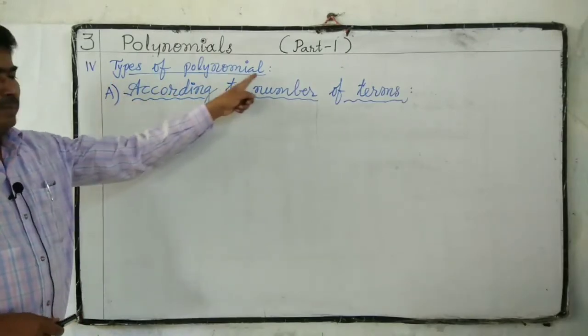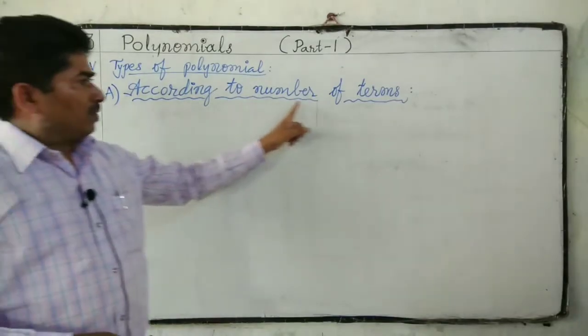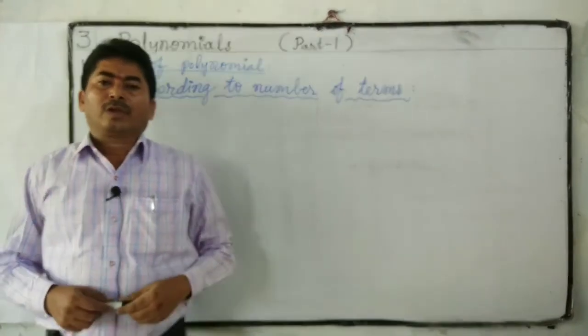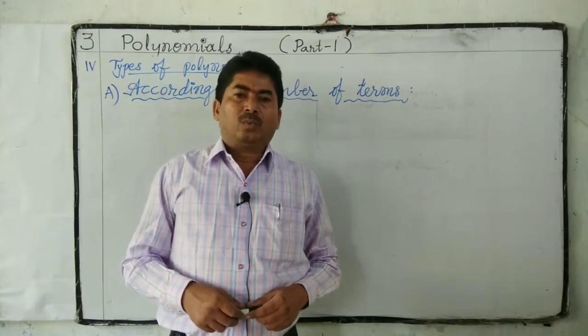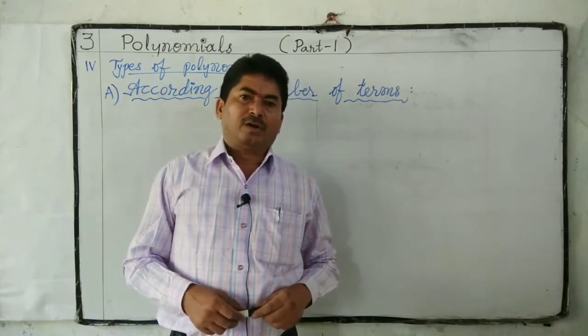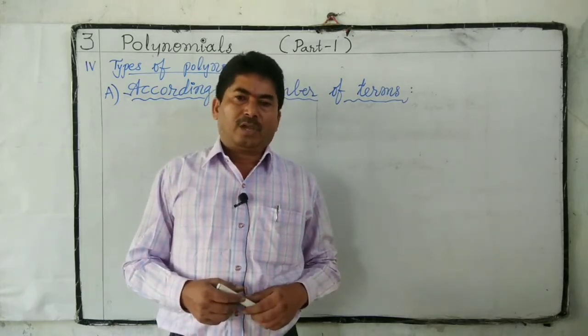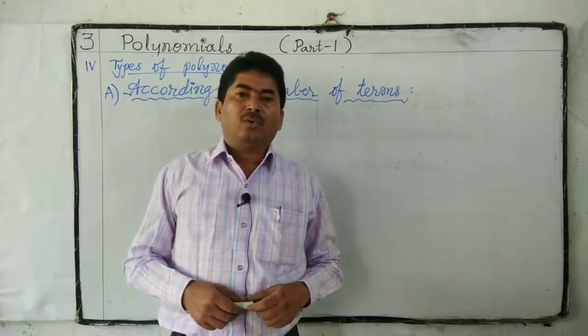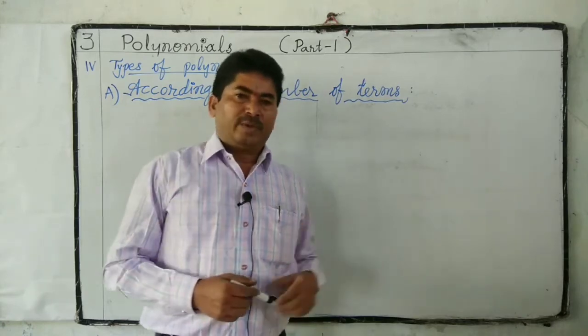Types of polynomial. A. According to number of terms. A polynomial containing only one term is called monomial.